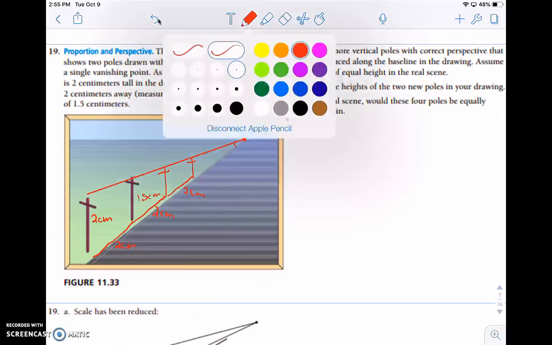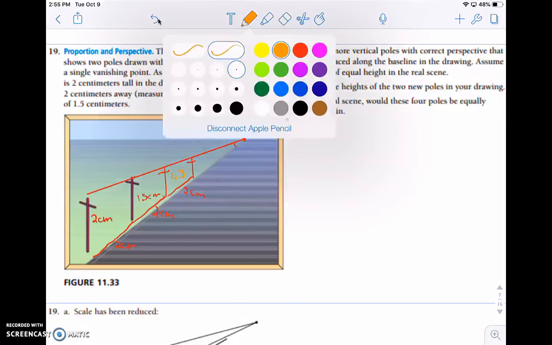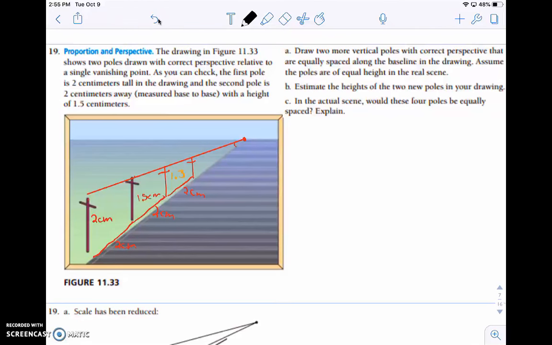When I measured it, this was about 1.3 centimeters high, and this other one was about 1 centimeter tall. Again, you're going to get some estimates here, so round to the nearest tenth.